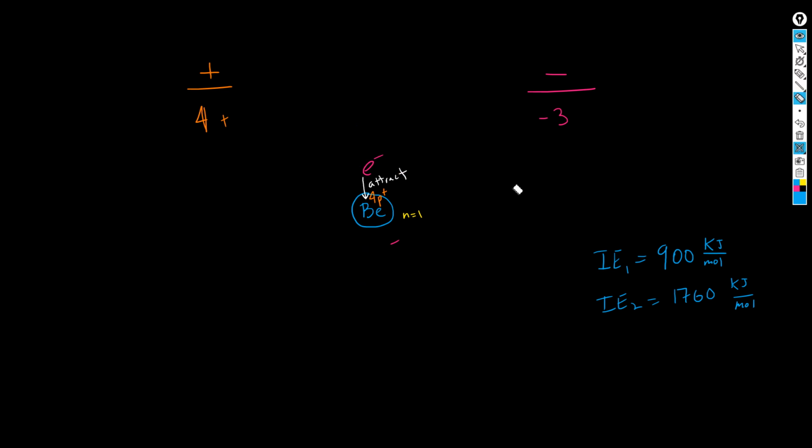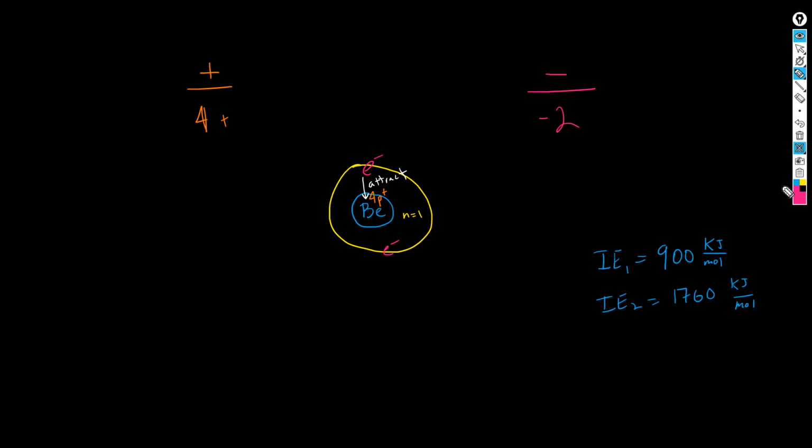So that repulsion is now even less. It is not even -3 anymore, it is now -2. Not only that, we just got rid of a whole energy level of electrons, and so the repulsion is even lower now. And the attraction is still even higher because it's still +4.